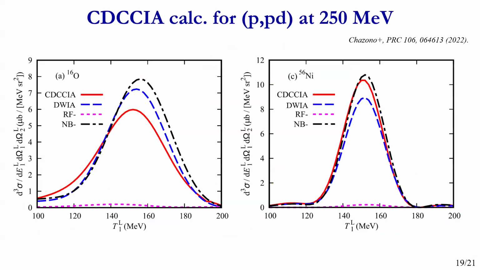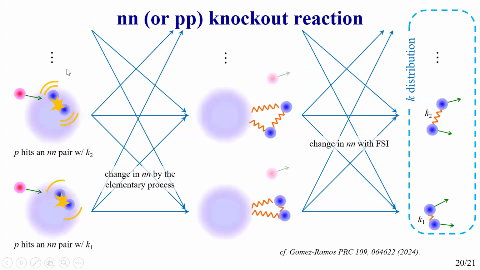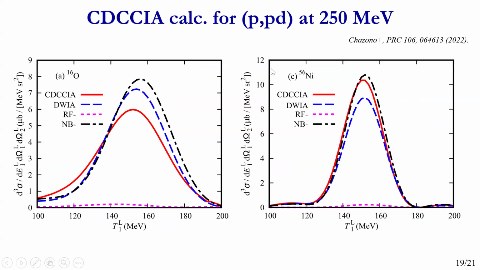Okay, these are the examples of PPD at 250 MeV. And on the left, I show the oxygen 60, oxygen 60 PPD. On the right, nickel 56 PPD. Oh, sorry, the figure is rather busy, but let's see just red and blue dashed one.